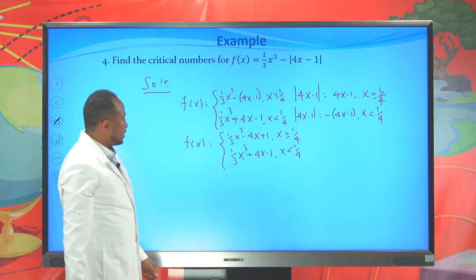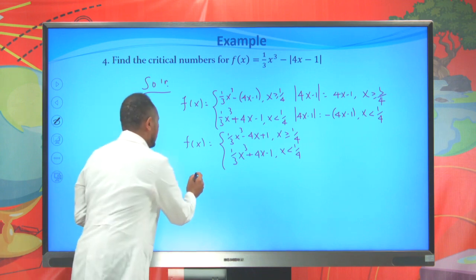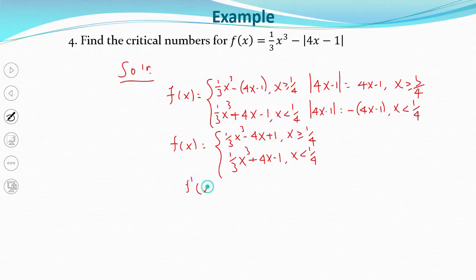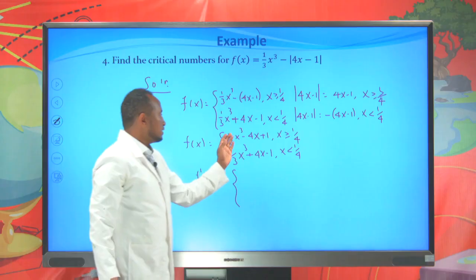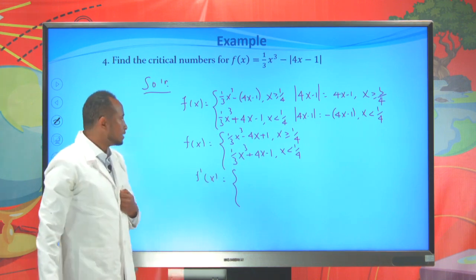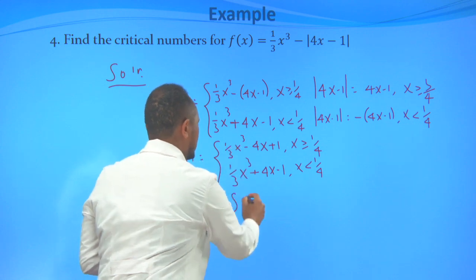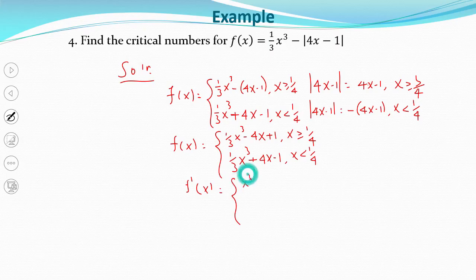So this is it. Now let's find the derivative. For the x greater than 1 over 4 part, differentiating, 3 cancels 3, and we get x squared minus 4 for x greater than 1 over 4.